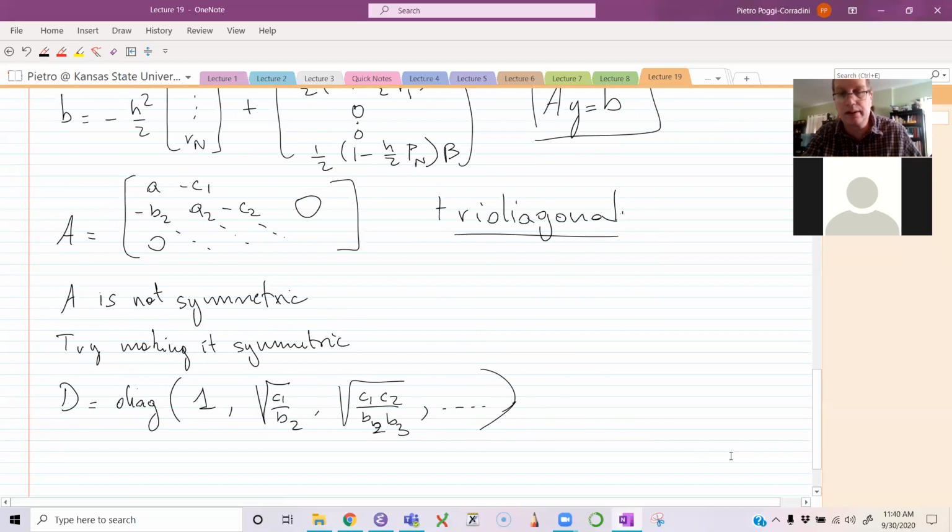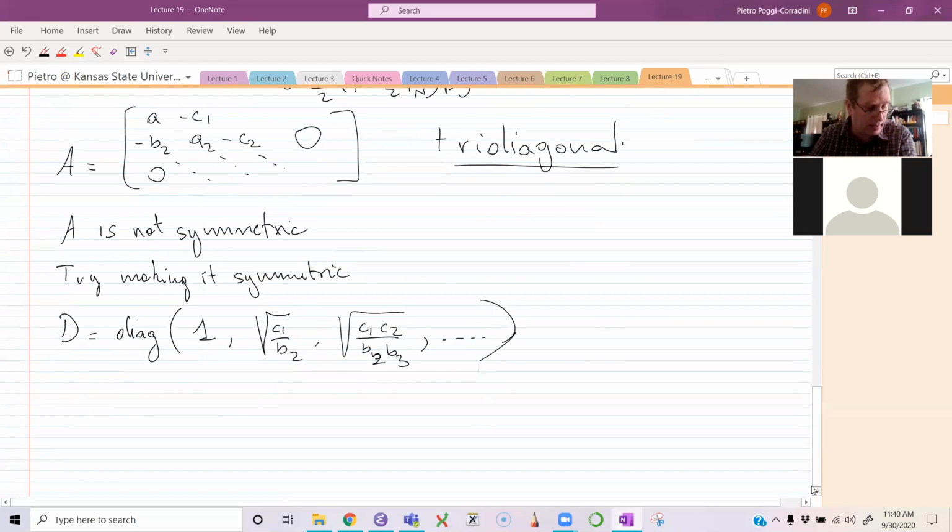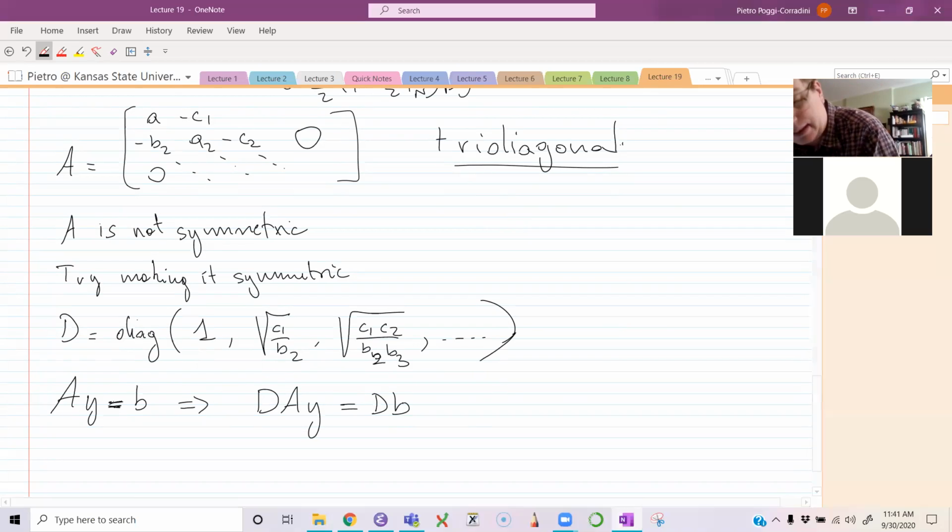And then we do the following. Instead of Ay equals b, we multiply by D, and then we do a change of variable.